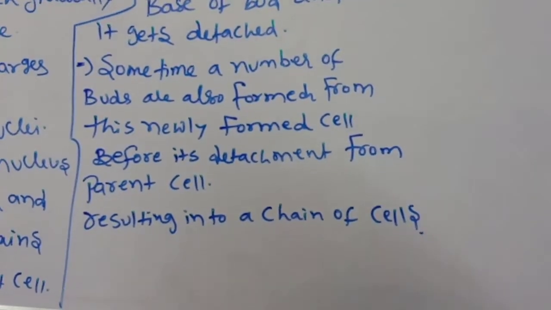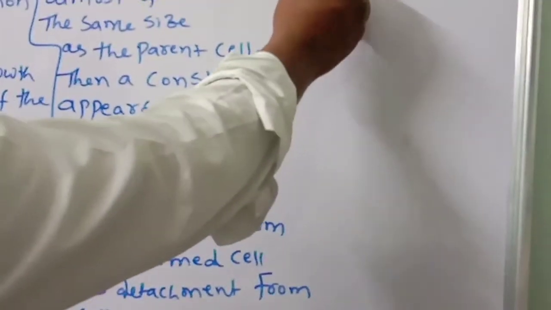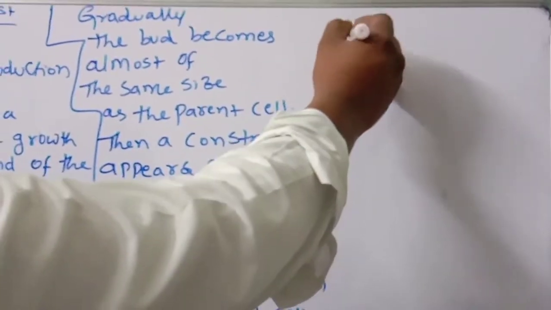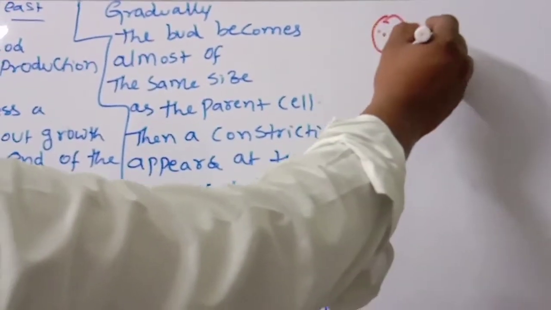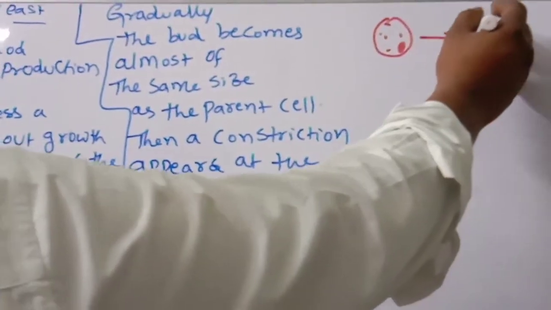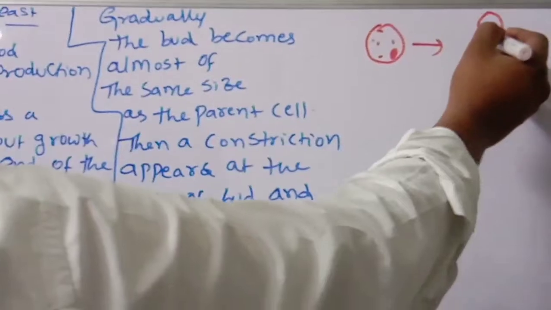Okay, children, I am drawing the diagram. Check it once. This is a yeast. The nucleus is there. Second, a small constriction like this is formed.